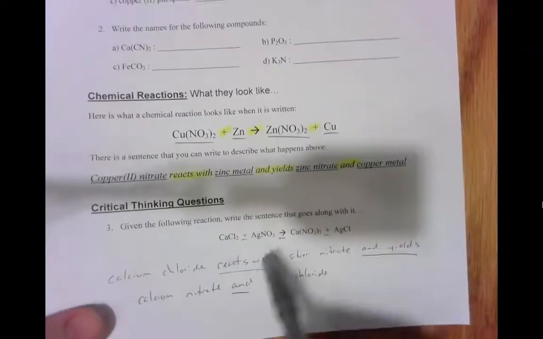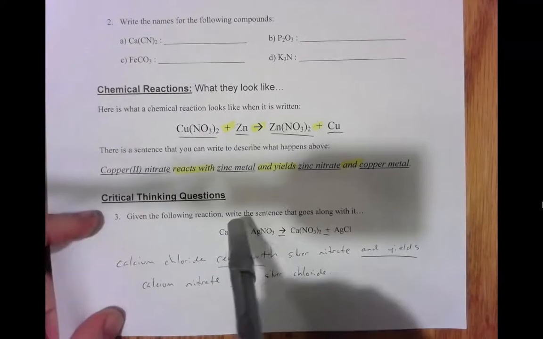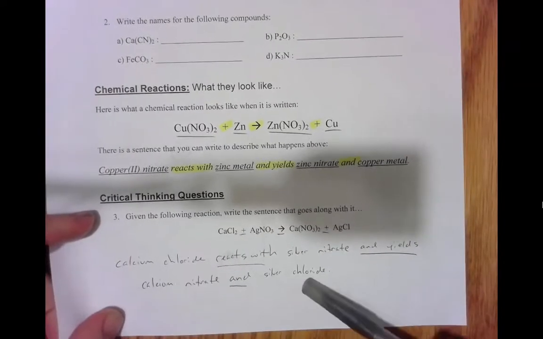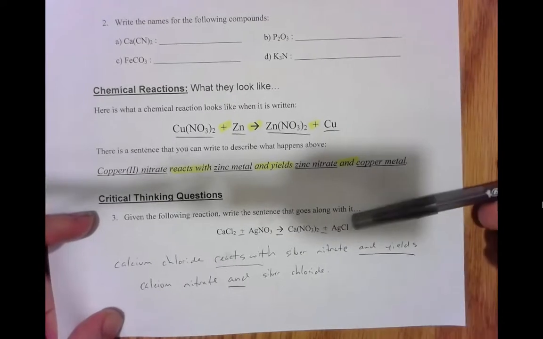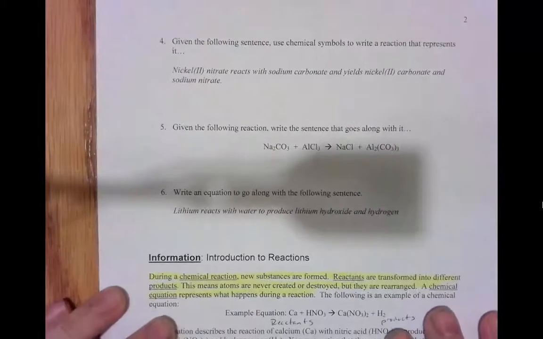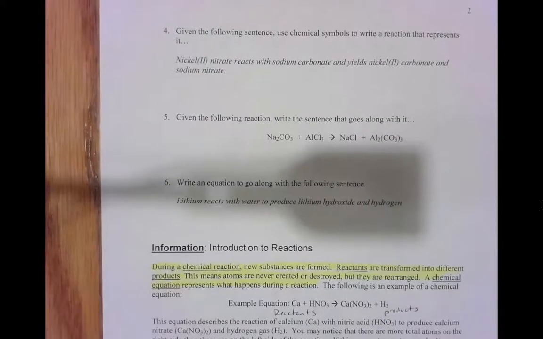So just like we can go from the chemical equation to a sentence, we can go from a sentence to the formulas in the chemical equation. That's what question 4 is. So when we solve question 4, we just need to go the opposite way. So we need to make the formulas.